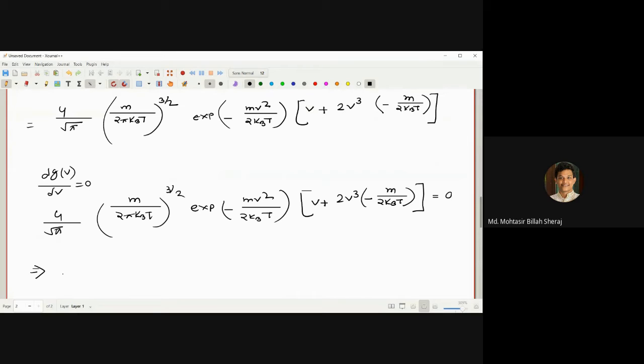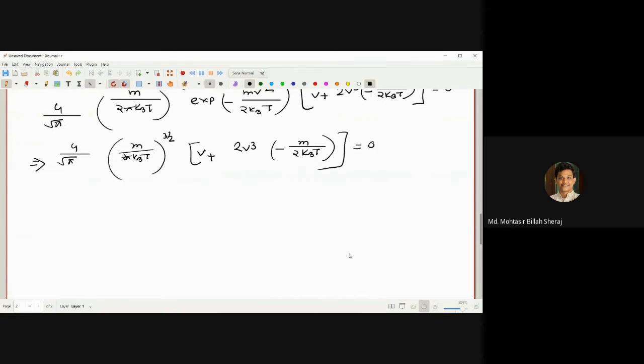we will divide both sides by e to the power minus mv square by 2 kbt. Then we will have this. Now let me check the result a bit.